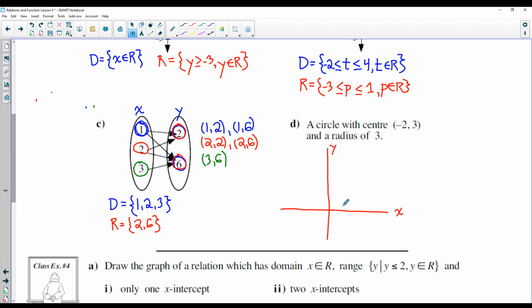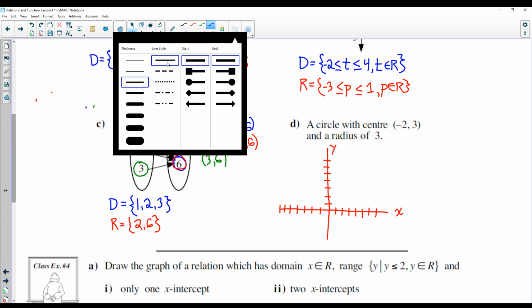So let's say that we have 1, 2, 3, 4, 5, 6, 7. We'll do 1, 2, 3, 4, 5, 6, 7, and again 1, 2, 3, 4, 5, 6, 7.